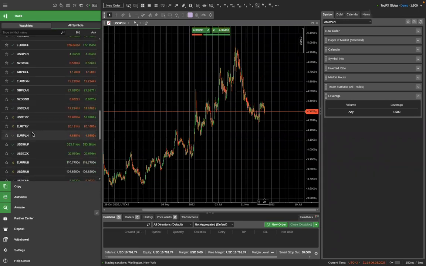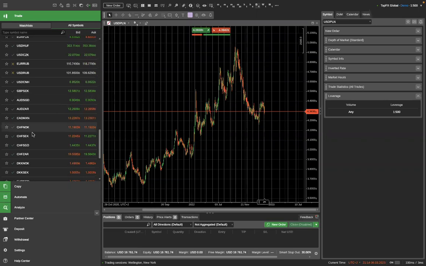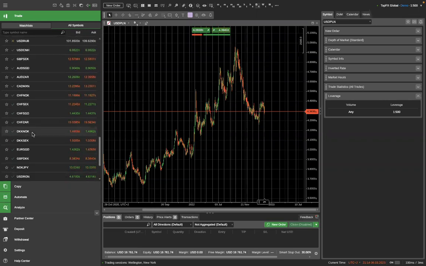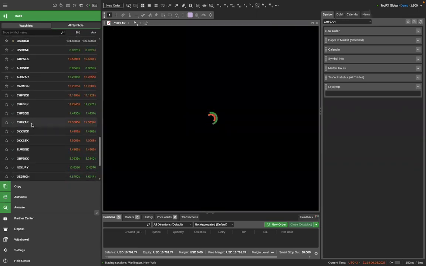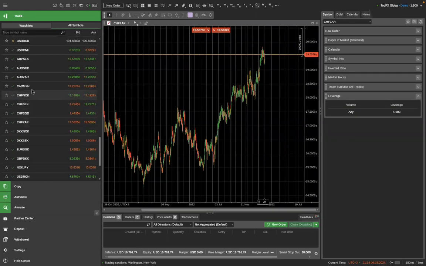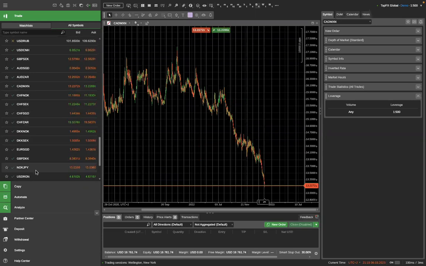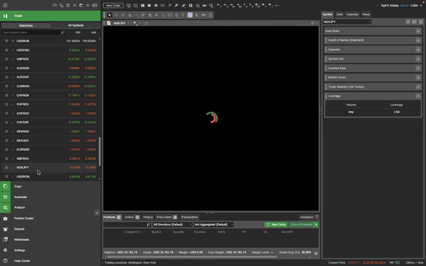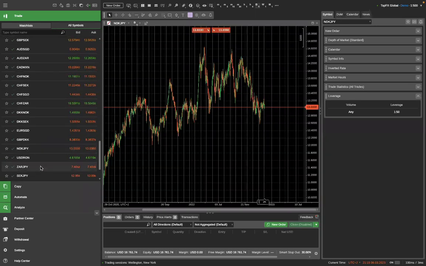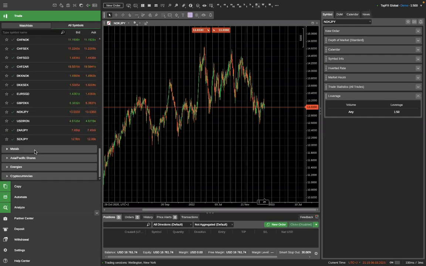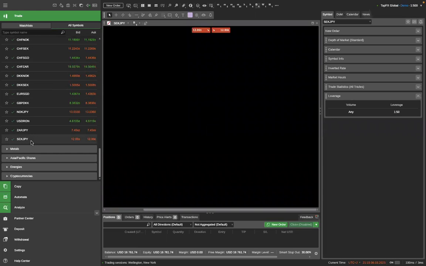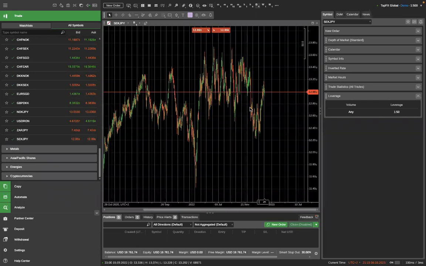And as you can see, there are plenty of markets, including the ZAR, SGD, again Mexican peso to the Canadian dollar, of course. And you've got the NOK to JPY, which is Norwegian krone to the Japanese yen. You've got the Swedish krona to the Japanese yen. Even here you can see the slide to the downside.